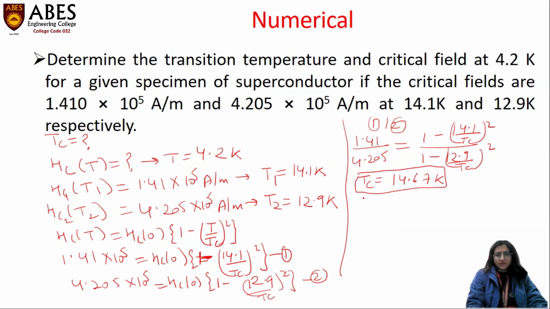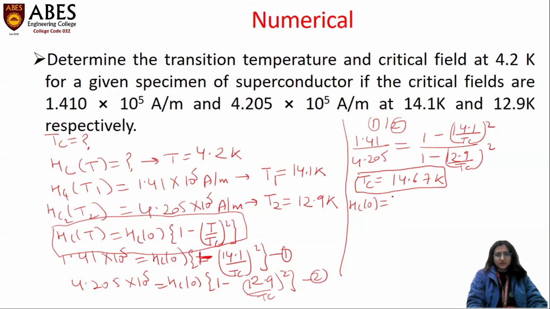Now next we have to determine the magnetic field at 4.2 Kelvin. So in order to determine magnetic field at 4.2 Kelvin from this particular formula, we need to know the value of HC0 also. So we will substitute the value of TC in equation 1 and we will determine the value of HC0.